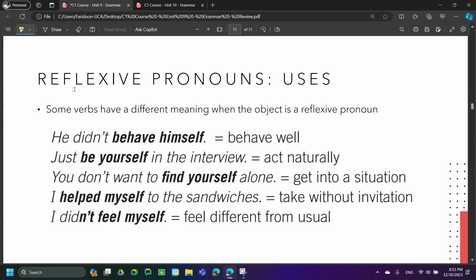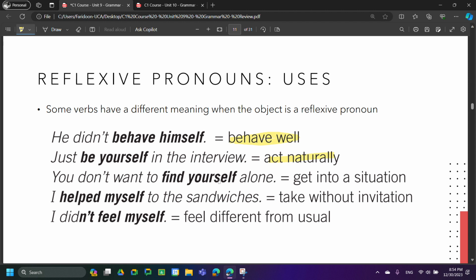Okay. Now, some verbs have a different meaning when the object is a reflexive pronoun. Example, when you use "behave" with the reflexive pronoun, it just means behaving well. He didn't behave himself means that he didn't behave well. "Be yourself" just means to act naturally.